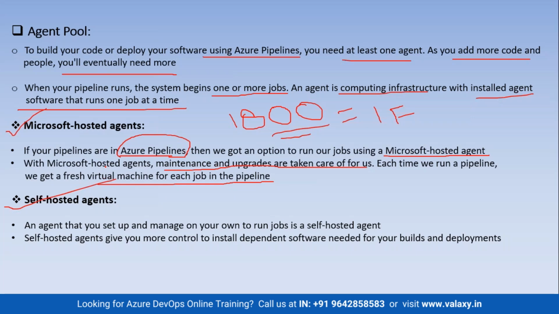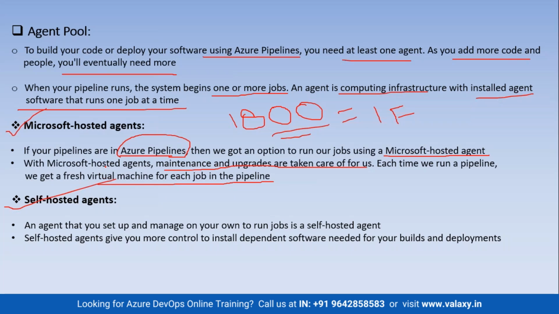If the pipeline succeeds, the agent pool gets destroyed, and when you rerun the pipeline, a new agent gets created. That is what happens when you use a Microsoft hosted agent. That's why we don't have access to the agents. Remember, we don't have access to the agent pool if you're using Microsoft hosted agent.